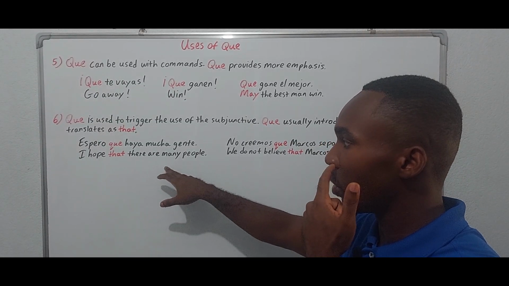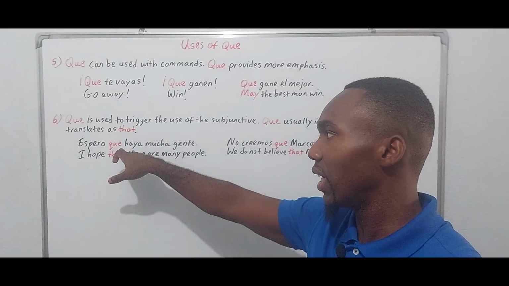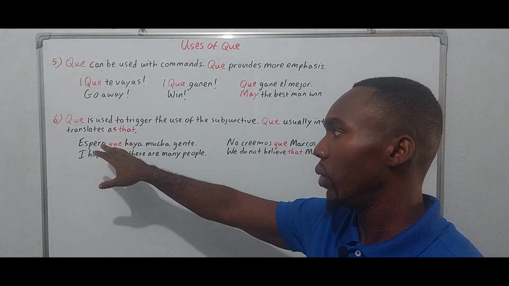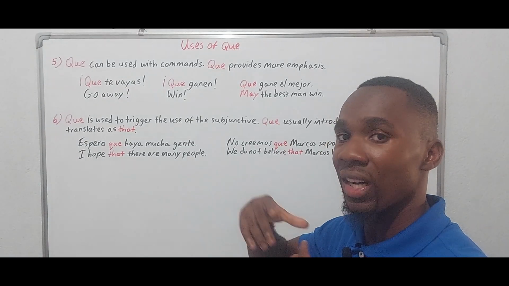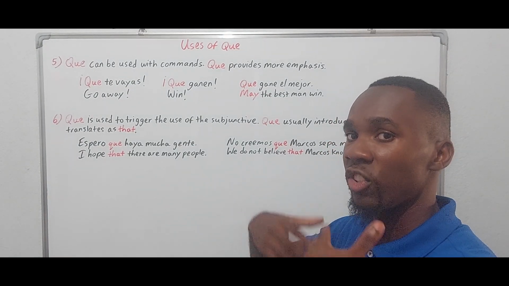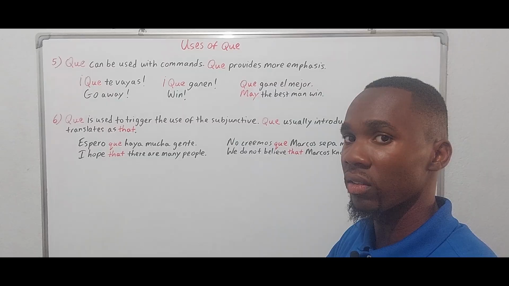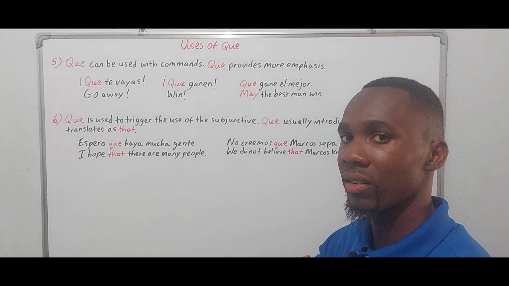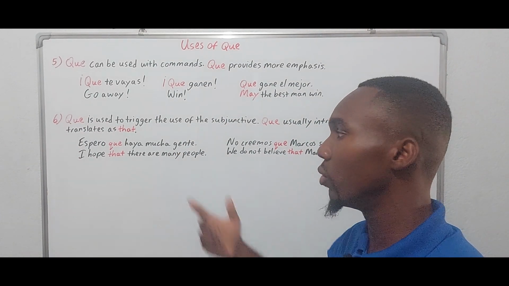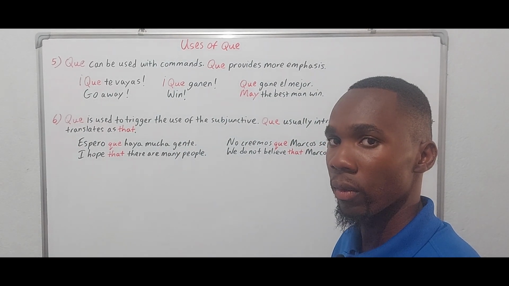I hope that there are many people. We use the que here because we are introducing another subject. We started with I, so now that we've changed the focus, we have to use que. And because espero expresses a desire, we have to use the subjunctive, right?